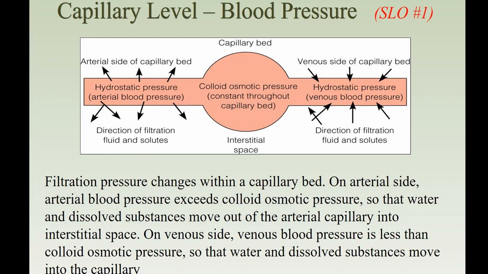On the arterial side, because you have your capillary and you have your venules and your arterioles, on the capillary bed, on the arterial side, the blood pressure exceeds the colloid osmotic pressure. Arterial pressure is always greater than venous. It should be. So the arterial blood pressure exceeds the colloid osmotic pressure so that water and dissolved substances move out of the arterial capillary into the interstitial space. On the venous side, the pressure is low so that the water and dissolved substances move into the capillary. And that makes sense.